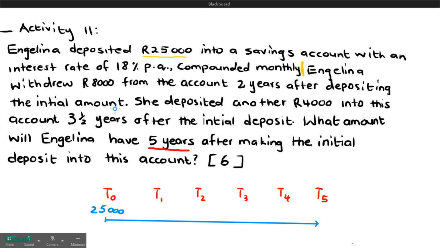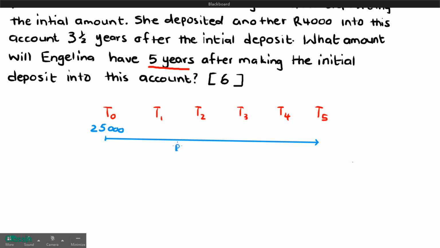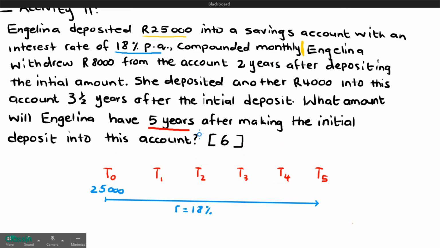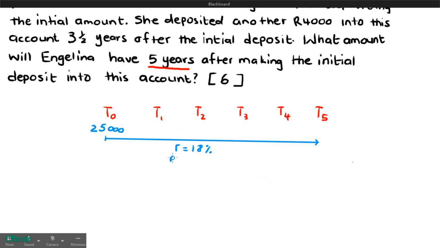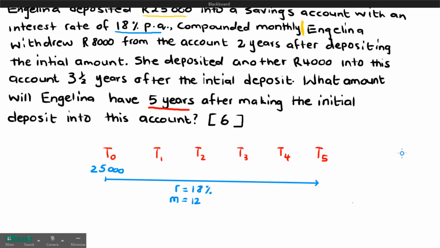They said that this investment of 25,000 has an interest rate of 18% per annum, so our R is 18%. And then it is compounded monthly, so our M is 12. Now we have finished the first statement, which we wrote down. Now we proceed.